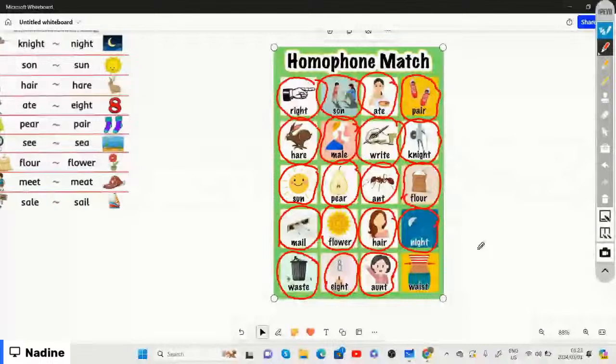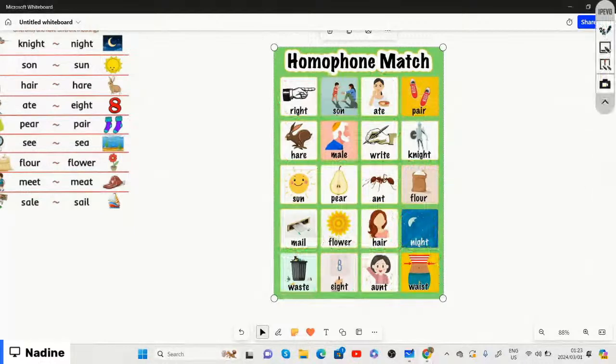And then the last picture that matches the word is your waist, which is like your hips, right? So these are homophones, right? And like we said, homophones are words that sound the same. You can have two, three, four words that sound the same, but the spelling of these words as well as the meaning of these words are different, right?